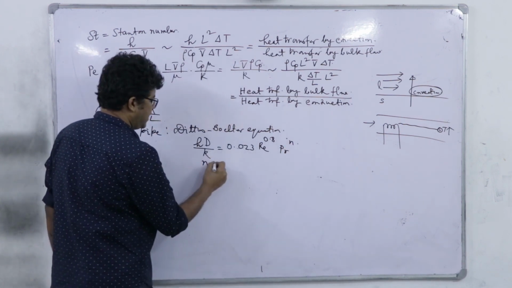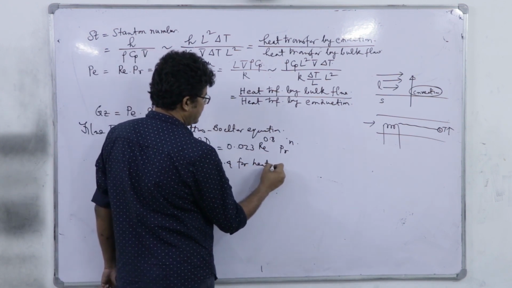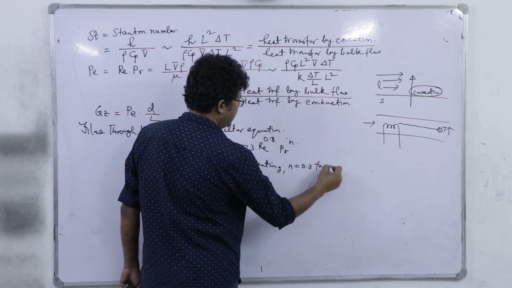So n is equal to 0.4 for heating and n is equal to 0.3 for cooling.